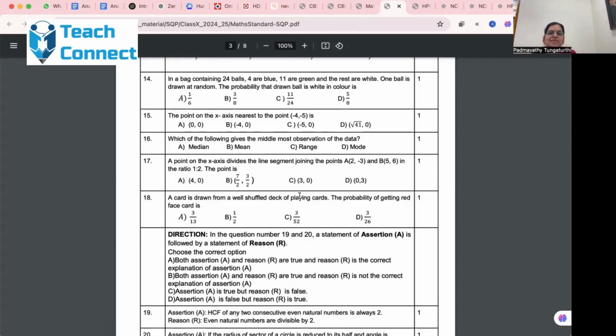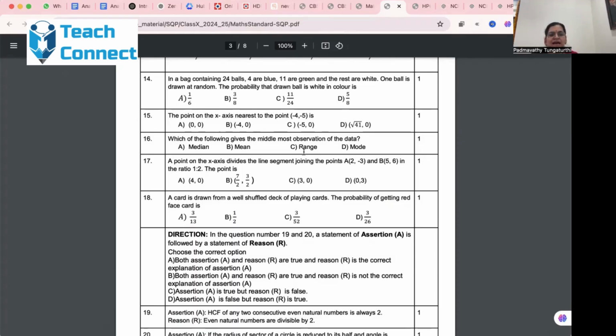The probability that the drawn ball is white in color. They are drawn at random and the ball is not replaced or any more balls added here. Therefore, out of 24 balls, you have 9 white balls. It is 9 by 24. Therefore, that's the right answer, 3 by 8.